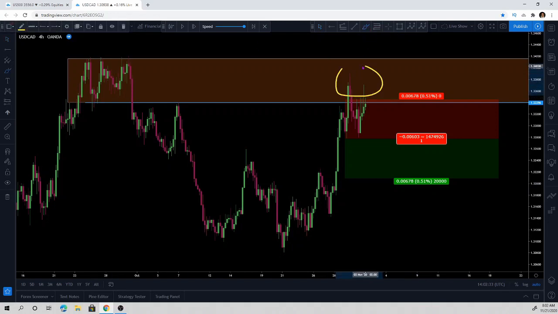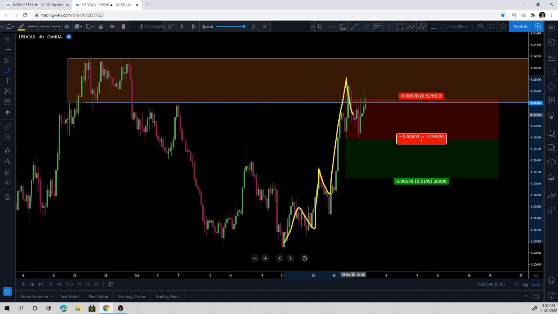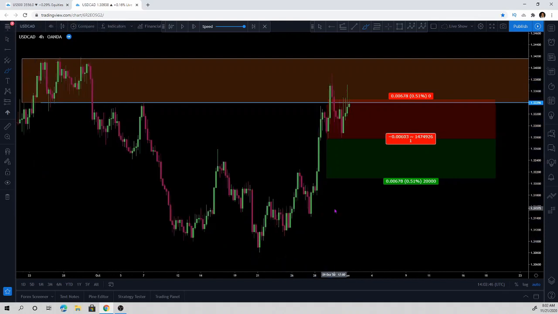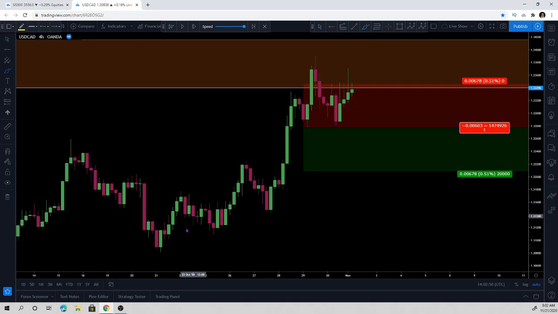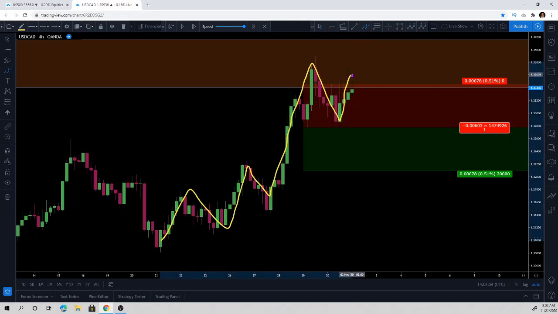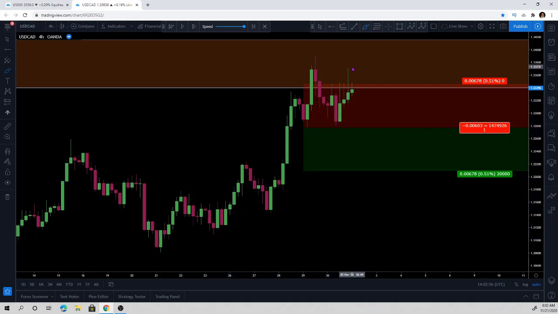We are still inside of the box. We are still inside of that area of resistance. And on the current market structure, let me thicken this out for you, we just made a lower high.